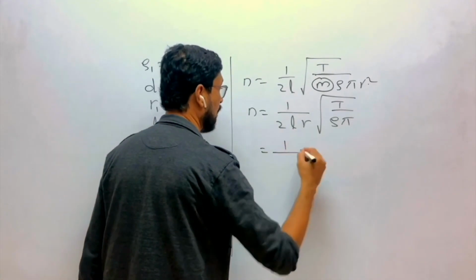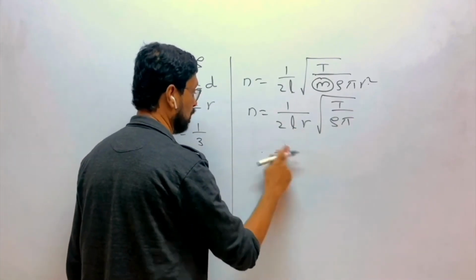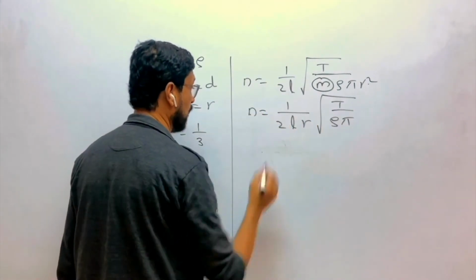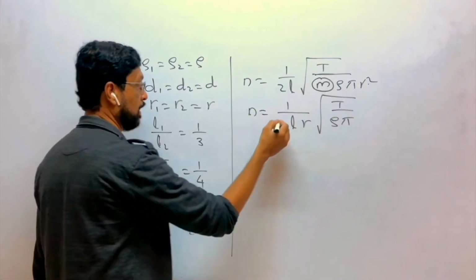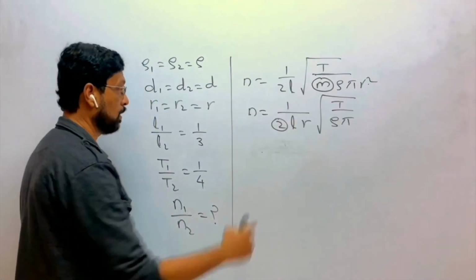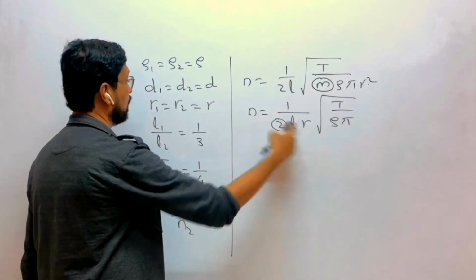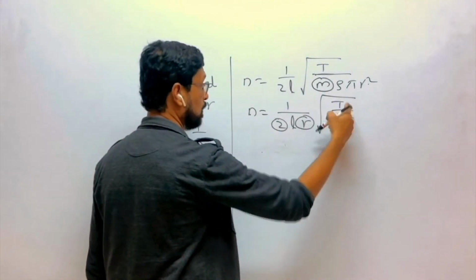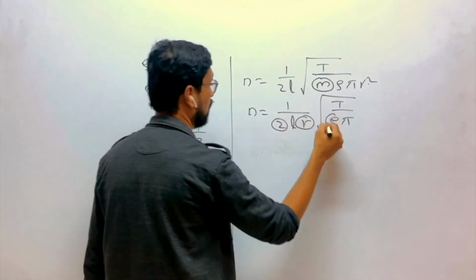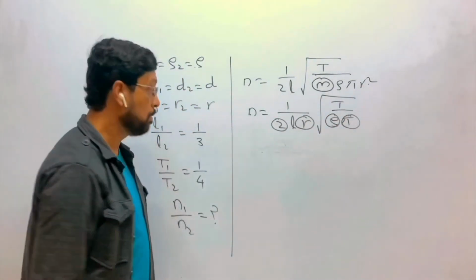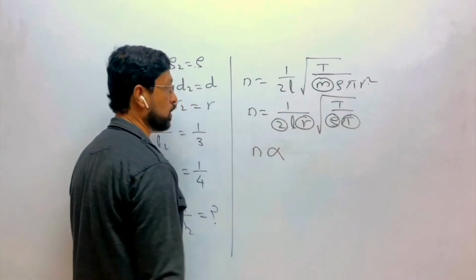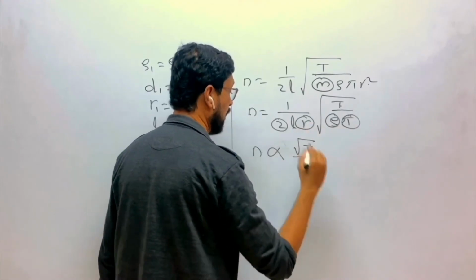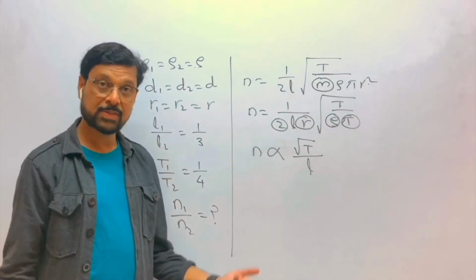Now we have to find the ratio. अब देखो दोनों में same क्या क्या है. 2 is a constant, lengths are different, radii are same, means r is a constant, tensions are different, densities are same, pi is a constant, means N will be proportional to root T upon L. Simple हो गया अब.